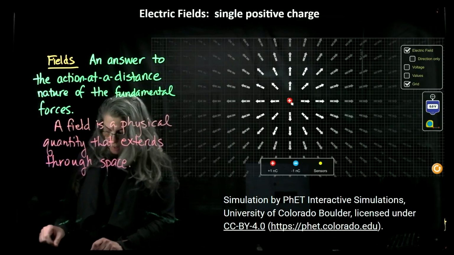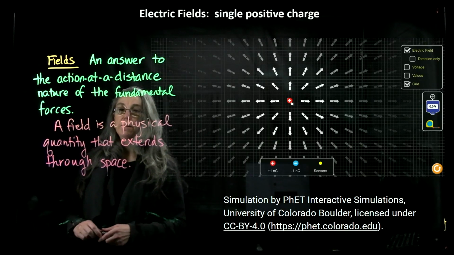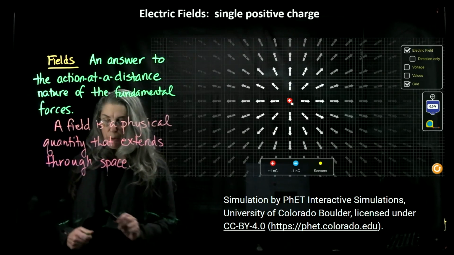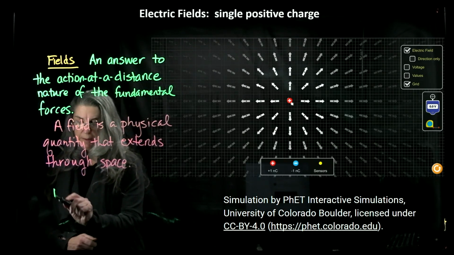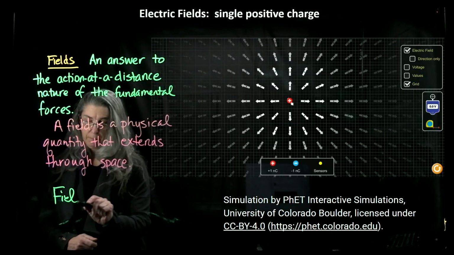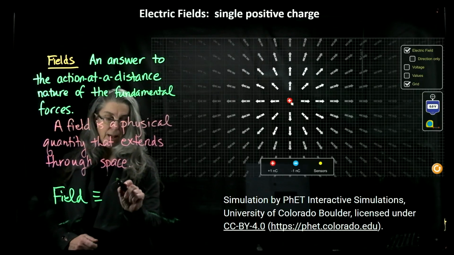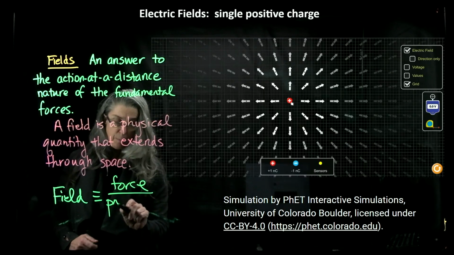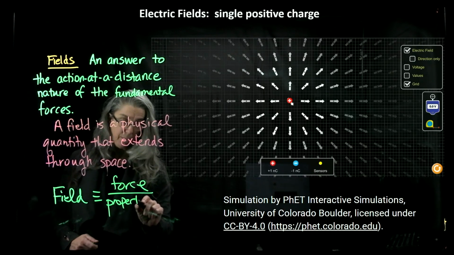In a generic way that will turn out to work for both, I mentioned gravity, for both gravity and the field, we sometimes say that the field is defined as the force divided by the property that feels the force.